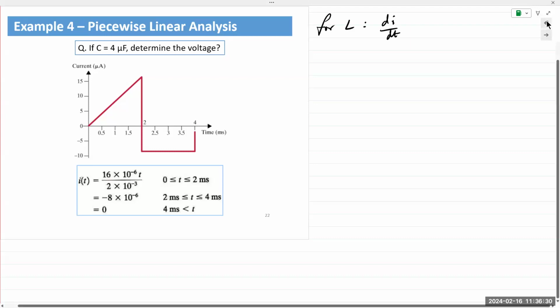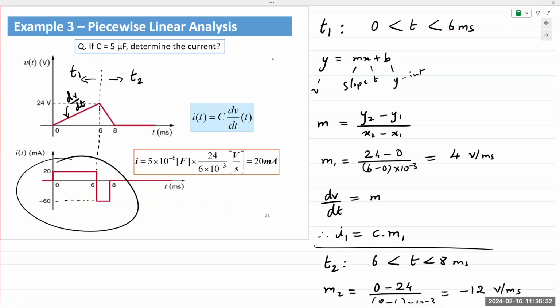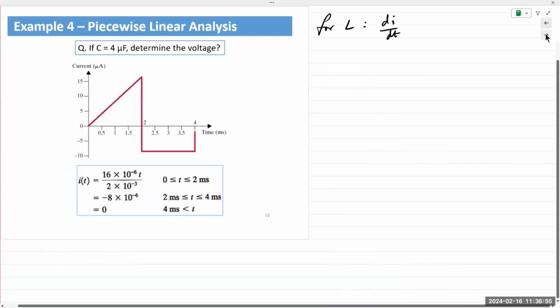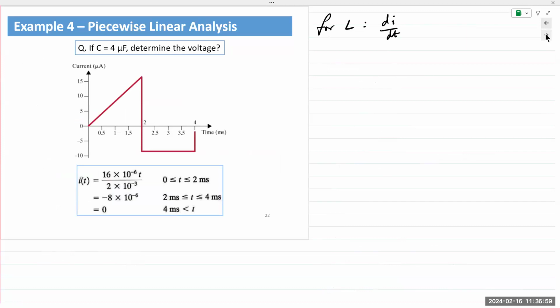In the previous example, for an inductor, you would integrate the voltage to find the current. So IL would be given by the integral of VL. Once you have the equations for v of t, you would perform an integration and find the current. And here is the exact opposite. That's why I said all four examples work equally for both capacitors and inductors.